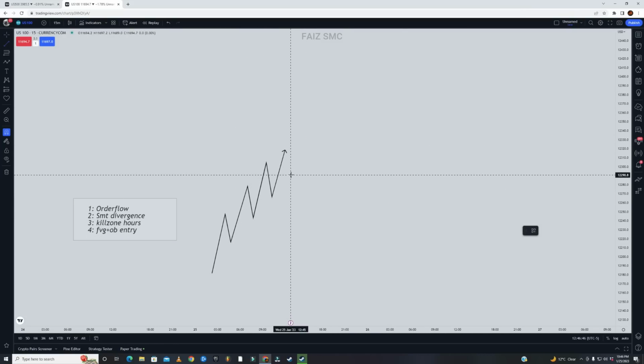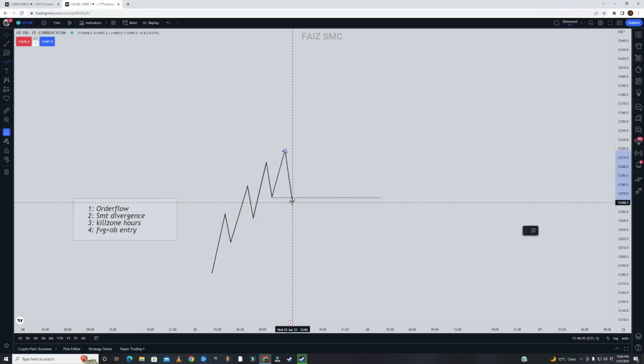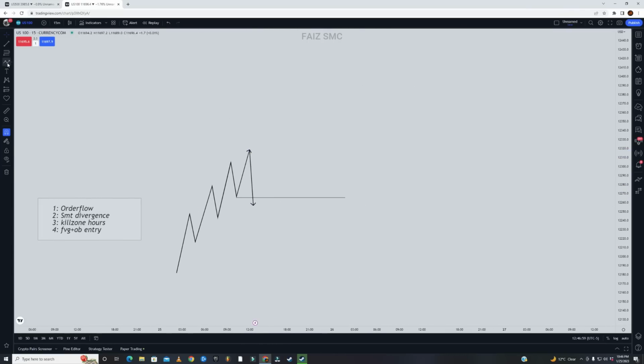So prime setup would be this, okay? So you have this liquidity level, right? And on S&P 500, price takes out this low, right?